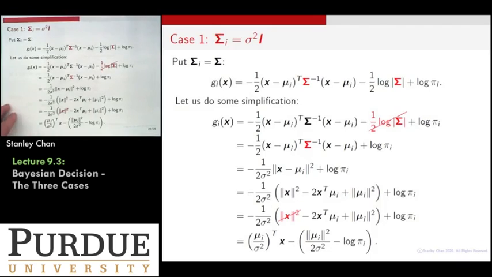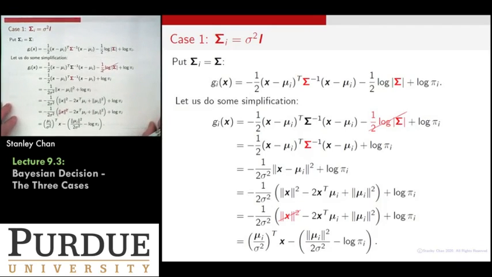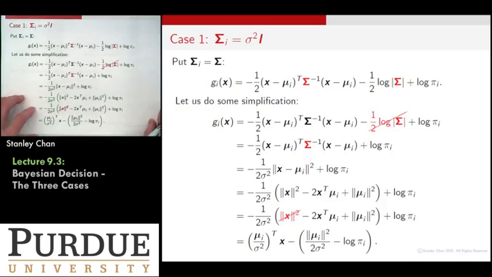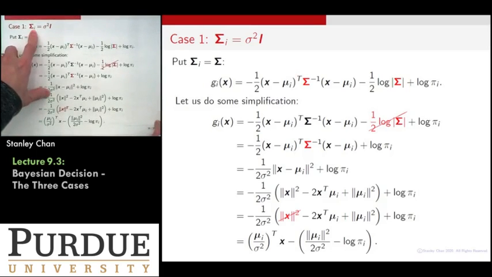Okay, so the following is some slightly tedious algebra, but we want to go through it to understand the idea. So here is case one, where the sigma i is really sigma squared times the identity. What we really want to do is to calculate or simplify this discriminant function and then find the difference between the two discriminant functions so that eventually we can come up with the W and also the W0.